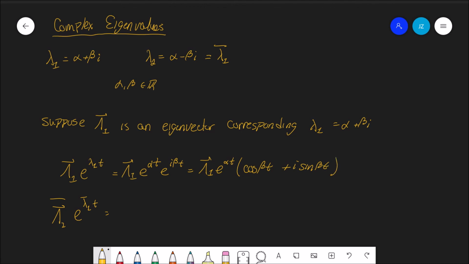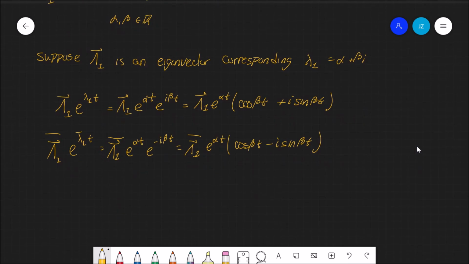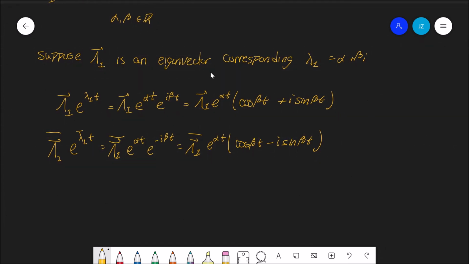The second one, we'll write it as lambda 1 bar, so complex conjugate, e to the alpha t e to the negative I beta t. And again, using Euler's formula, that e to the negative I beta t is cosine of beta t minus I sine of beta t. And these are a fundamental set of solutions.